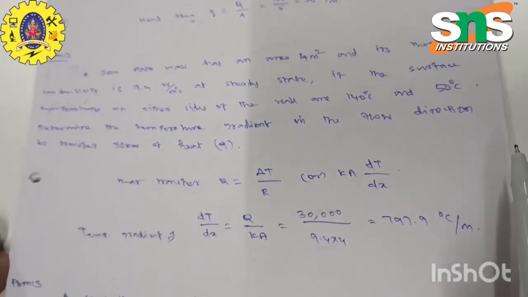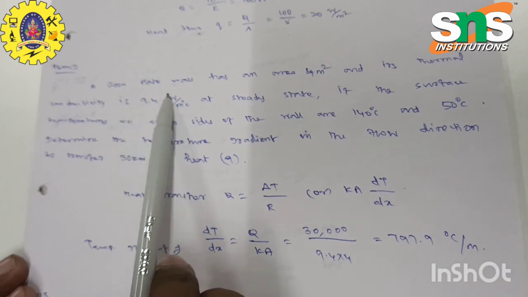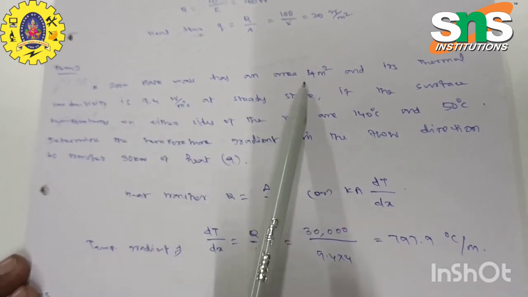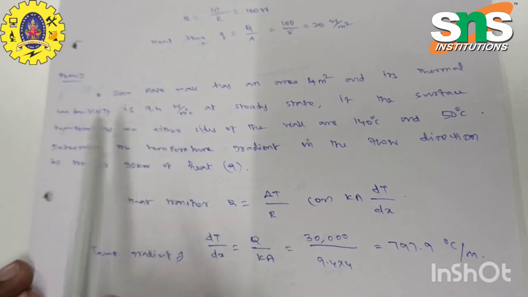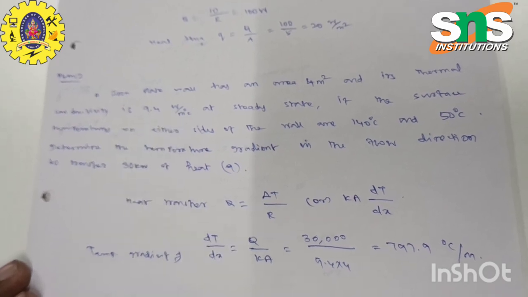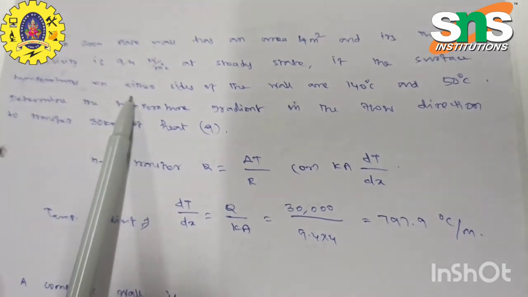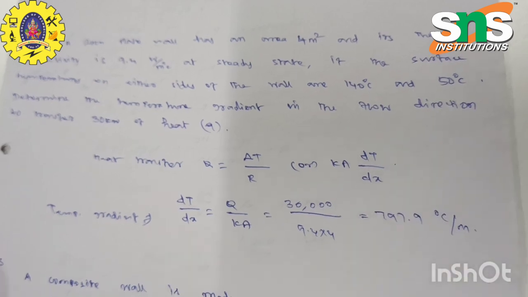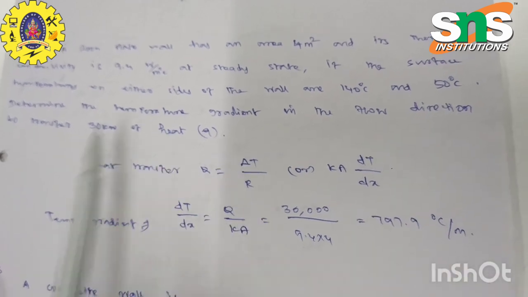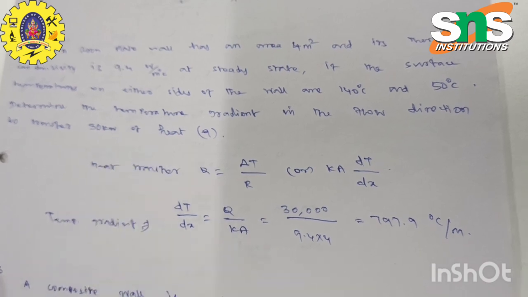Okay, fine. Next we focus on the next problem: an iron plate wall has an area of 4 meters squared and its thermal conductivity is 9.4 watt per meter degree Celsius. At steady state, the surface temperatures of either side of the wall are 140 degrees Celsius and 50 degrees Celsius. Determine the temperature gradient in the flow direction to transfer 30 kilowatt of heat.